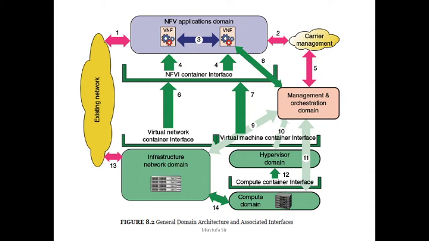Basically we know that management and orchestration is the responsibility of this domain, so this is the interface where you will be managing. Then sixth, here, the virtual network container interface, that is the interface to connectivity service provided by the infrastructure. So how the service gets provided by the infrastructure is through this interface.